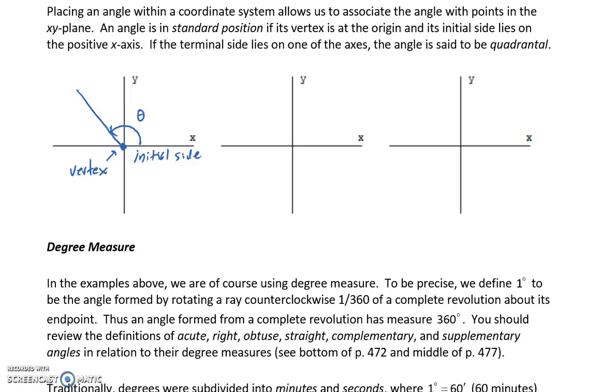This might represent an angle of 135 degrees. Notice that the terminal side of the angle ends up in quadrant 2, so we would call this a quadrant 2 angle. Notice that this angle here is 45 degrees. So if we went around half a revolution, that would be 180 degrees, as of course we're familiar with. So this is what we would call a quadrant 2 angle.